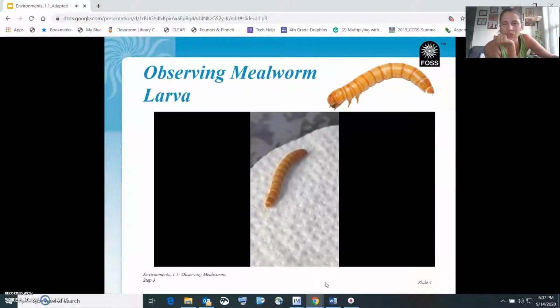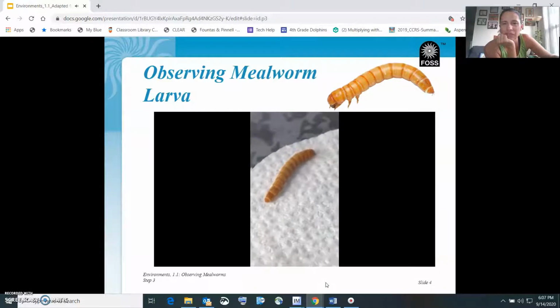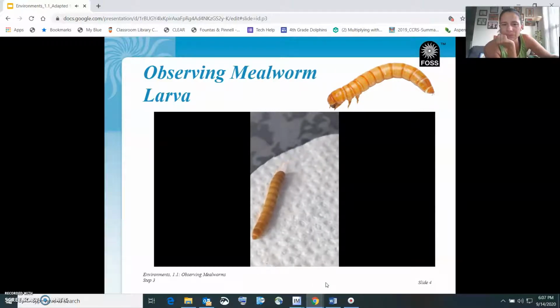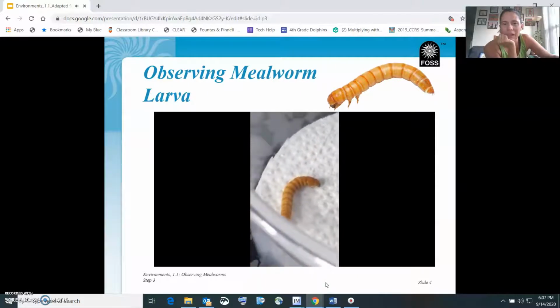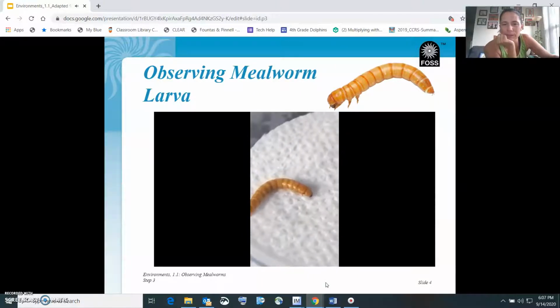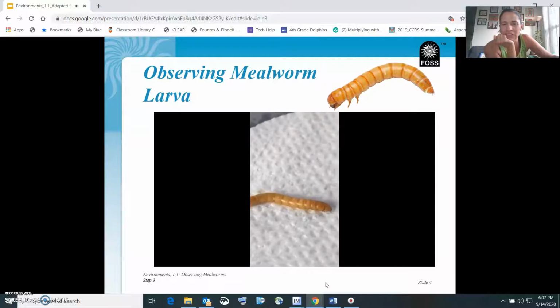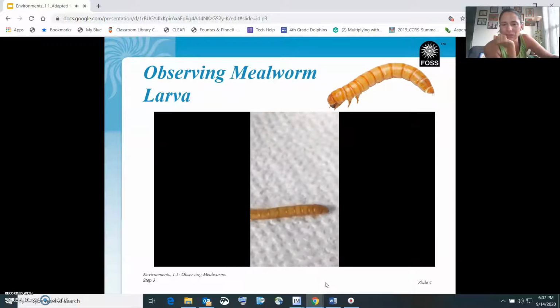I wonder if those 2 little things in the front are antennae to help it feel around. Oh, it can walk backwards. Look at that. So it can walk forward and backwards. It didn't even look like it was looking when it walked backwards.